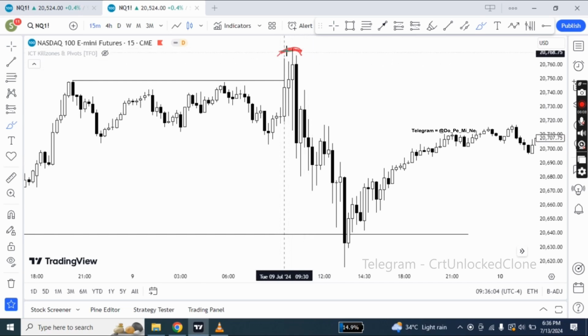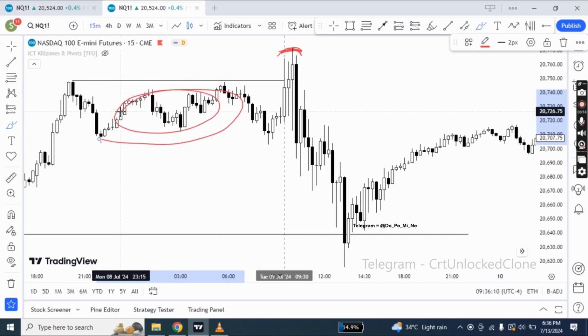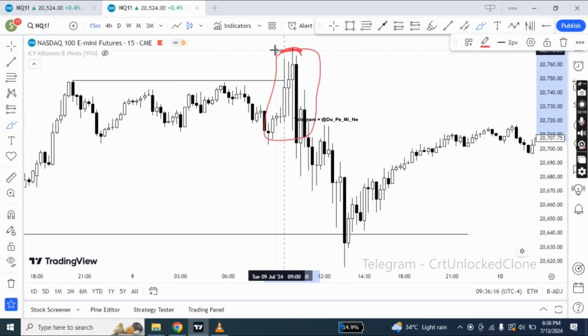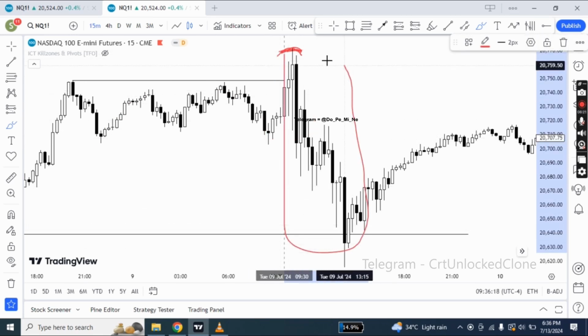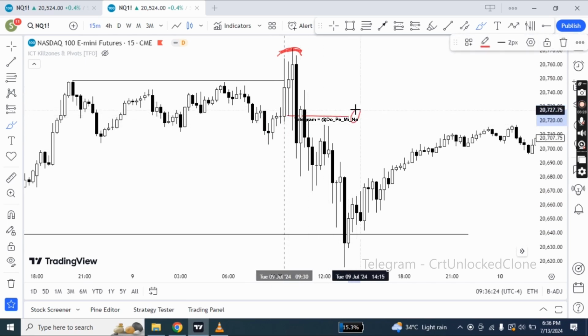And right here you can see that during the London Open and Asian session, we formed this range. We ranged during that time, and then during New York Open at 9:30 we took that high and immediately reversed from there. And here I waited for a model 1 entry, which is basically an order block entry. So you can see that this candle took that high.